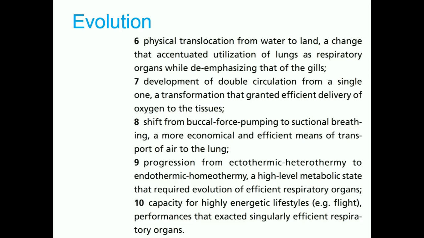Now we move from ectothermic heterothermic animals to endothermic homeothermic animals, and that means a huge step up in metabolic requirements and more metabolism that is aerobic based on oxygen means that we need more efficient respiratory surfaces.